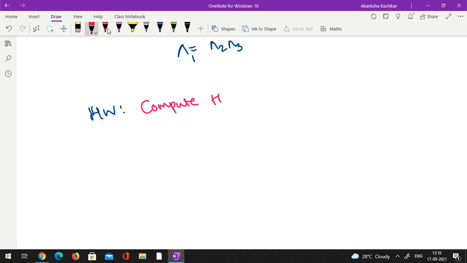Compute the degrees of freedom for the two tests that we studied today, test number 4 and 5. I have not done that, because we now have enough practice computing degrees of freedom, so I have left it for you. So do try that.